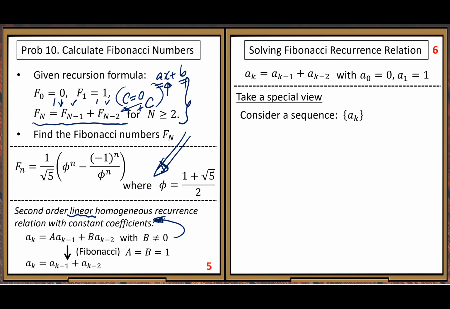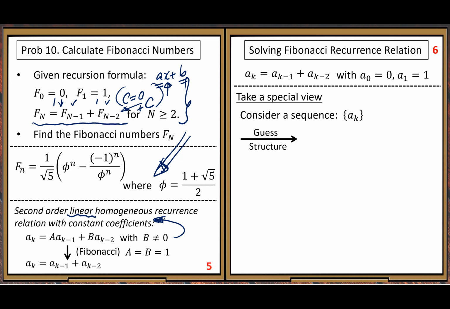Let us consider the a_k sequence, because with a given recurrence relation, we can generate a sequence. What kind of structure should this sequence have? Here we need to guess its structure.